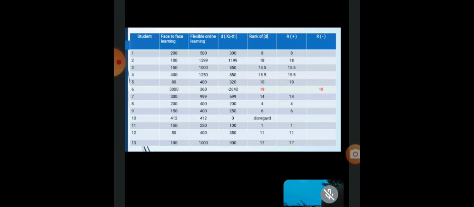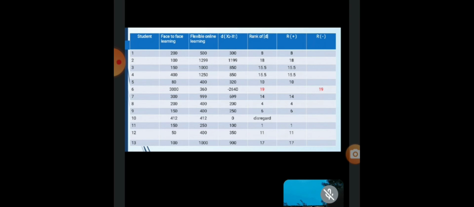Next, 300. 300 natin is 1, 2, and 3. Ngayon, meron po tayong place ng 7, 8, and 9 dahil 3. Ngayon, 24 ang sum ng 3. Then, divided by 3 equals to 8. Kaya ang rank po ng 300 is 8.